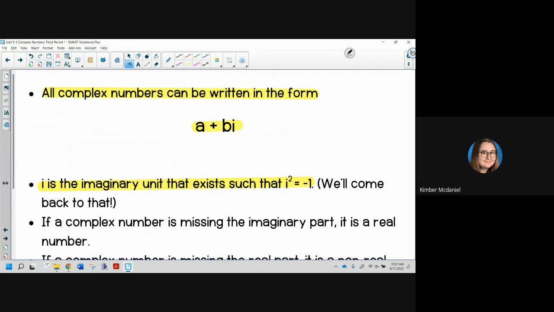Now, leave yourself one little line to add a little bit to this. But in A plus BI form, we have the real part, which is the A. So we're going to label that as the real part. And the BI is our imaginary part.